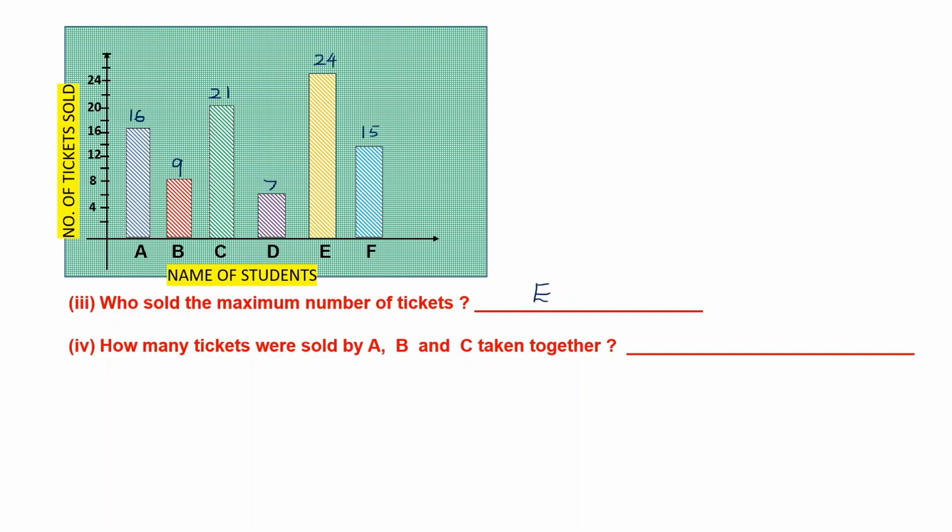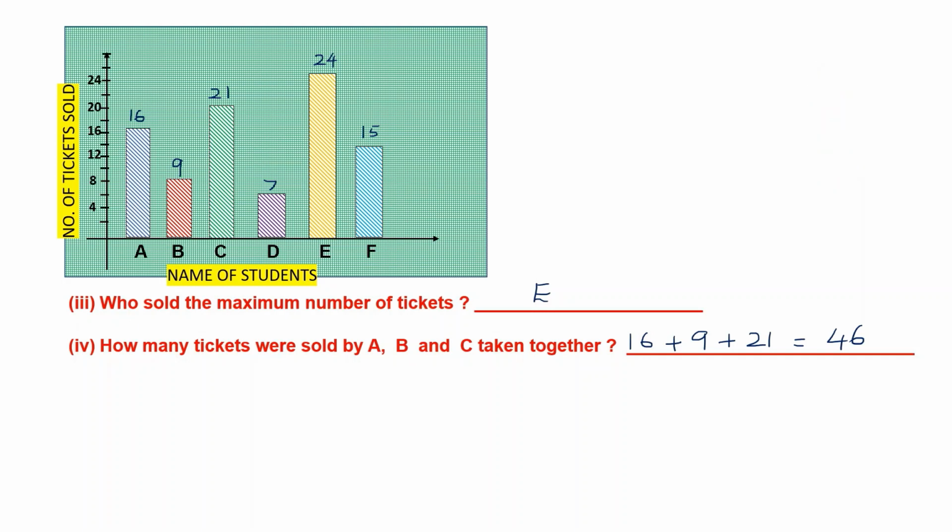So A is 16, B is 9 and C is 21. So let's add up these. 16 plus 9 plus 21. 9 plus 1 is 10, 10 plus 6 is 16, carry 1, 1, 2, 3, 4. So A, B and C together sold 46 tickets.